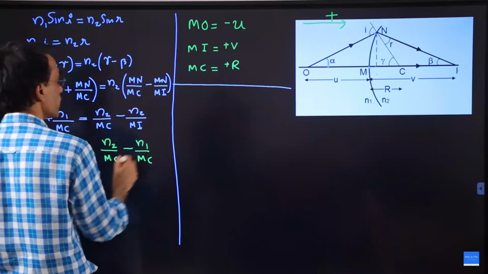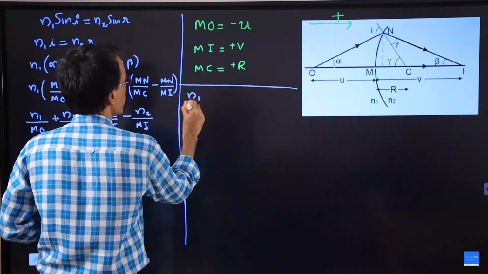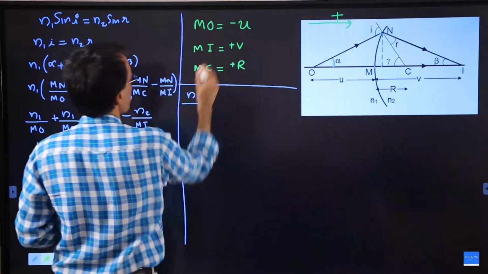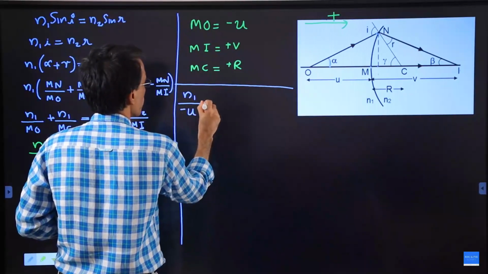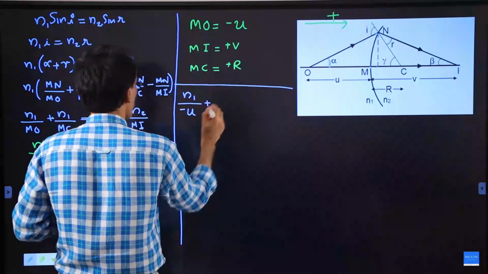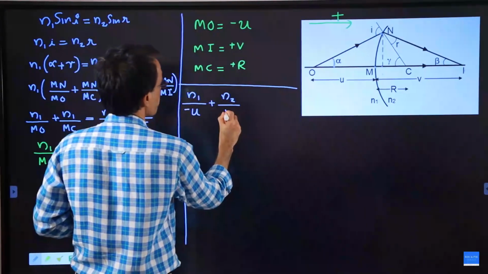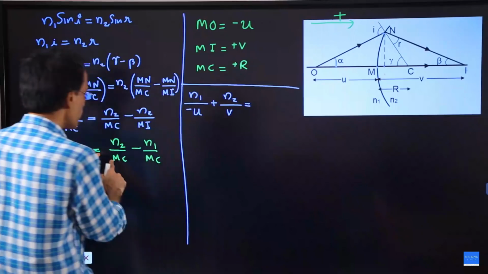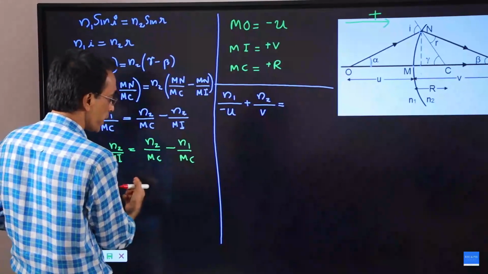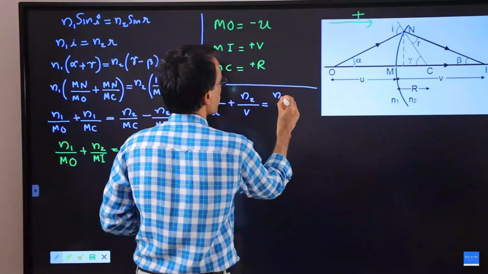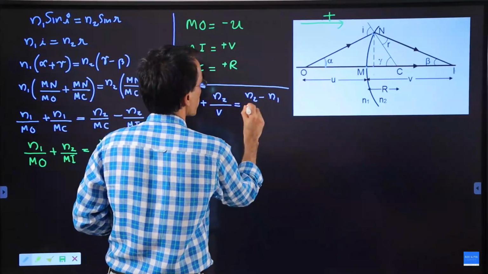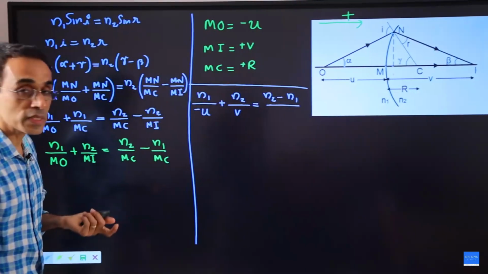Okay. When we substitute that here, I will get N1 divided by, what is MO? Equal to minus U, plus N2 divided by, what is MI? MI is plus V, equal to, this I can combine because the denominator is the same. So, this can be written as N2 minus N1 divided by, what is MC?